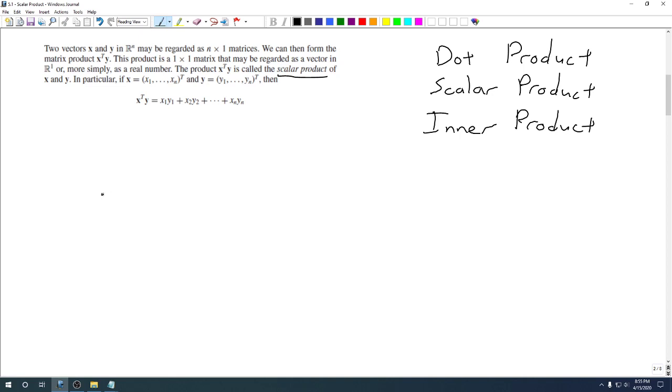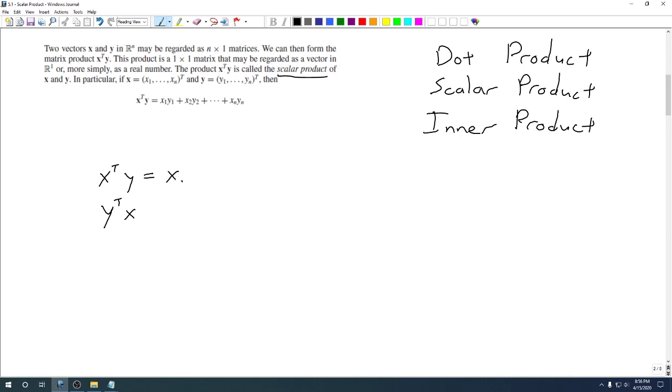One important result that the book doesn't really go into is what happens if we switch the order of the x and the y, and look at x transpose y versus y transpose x.